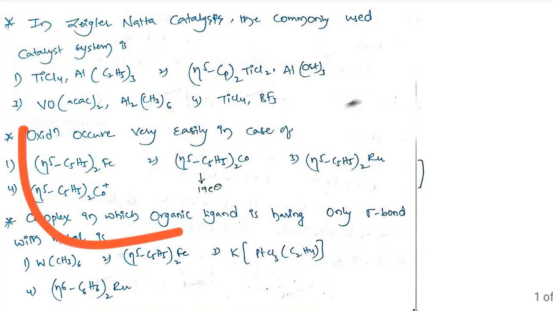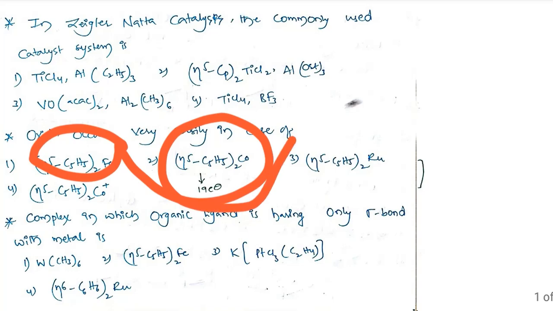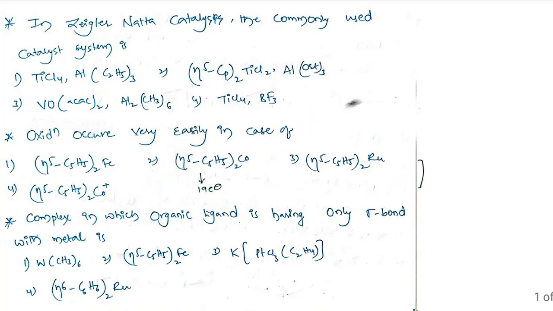Next one, oxidation occurs very easily in the case of which complex? Just check the total valence electron count on each of the complexes given here. In that case the second one is where you can count 19 electrons. Each η5-C5H5 contributes 5 electrons, and cobalt contributes 9 electrons.